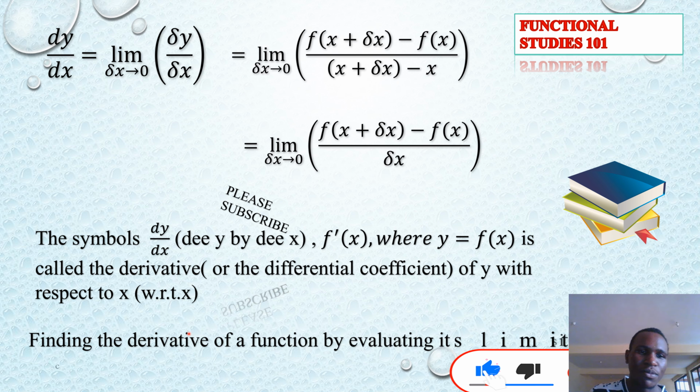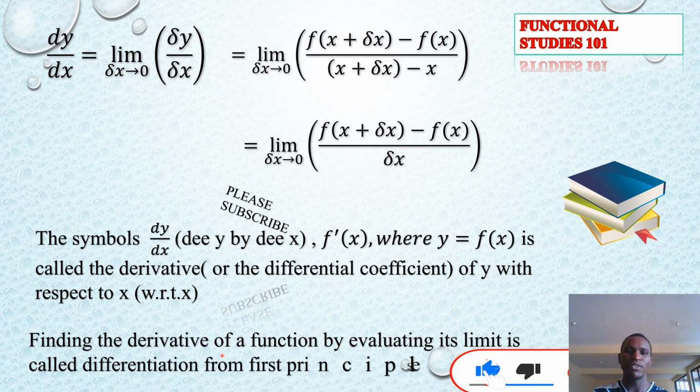So when finding the derivative of a function by evaluating its limits, this is called differentiation from first principle. And this is the starting point. Okay, make sure you get it. This is the starting point of differentiation from first principle. And I'll show you a smart way of getting it.